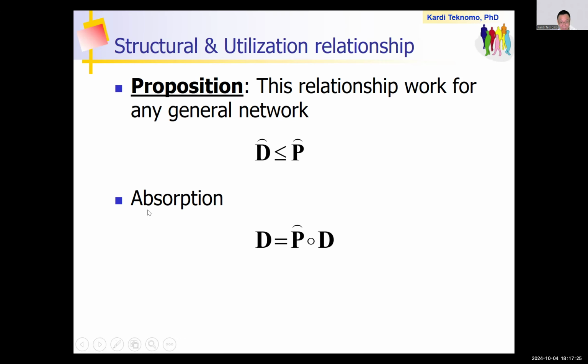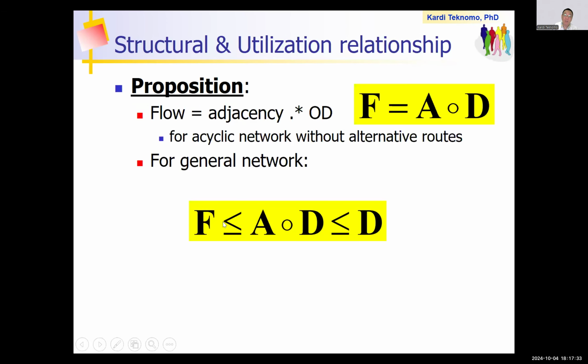So this is called the absorption rule. Now when your network is acyclic, like the weaving section a while ago, then you will have F equal to A times T. So this only happens in an acyclic network without alternative route. But in general, we will say that F is actually less than T. Remember that A times T is equal to T, the absorption rule.